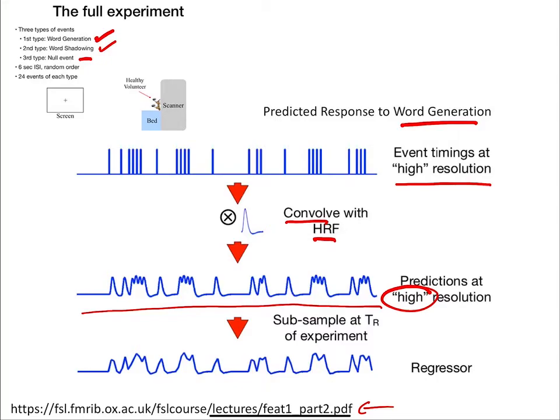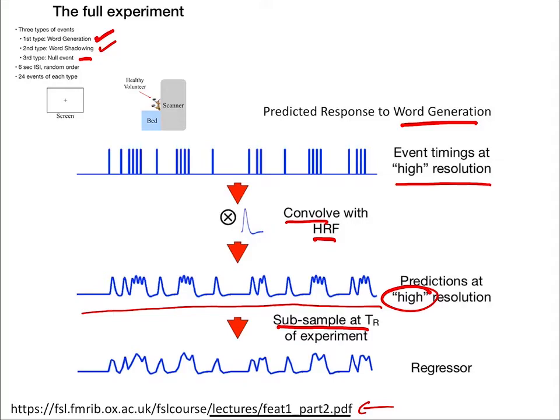This prediction of what the brain is going to be doing can be done at fairly high temporal resolution. But typically, you're not acquiring your data every 100 milliseconds. The fastest we typically acquire now is about 800 milliseconds, but older designs might use 2 seconds. So the next step is the software will subsample it.